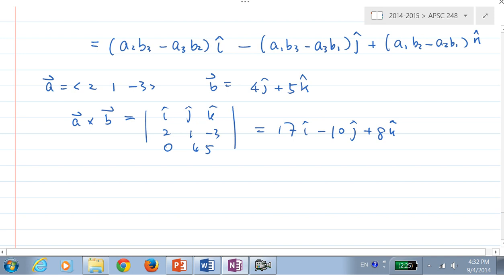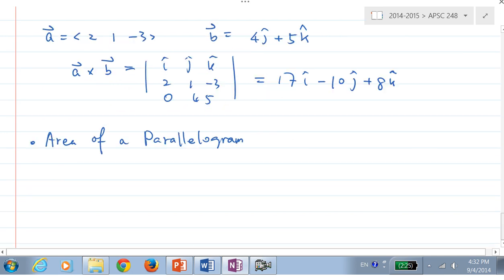So let's take a look at the next one here. A little bit of application. Let's look at the area of a parallelogram. Parallelogram meaning it's this one here.